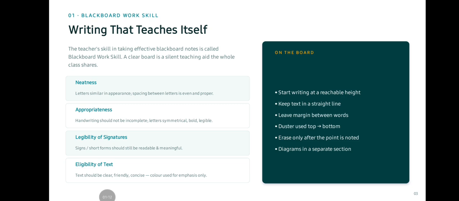Legibility of signatures. Signs, short forms should still be readable and meaningful. Legibility of text. Text should be clear, friendly, concise, color used for emphasis only. On the board, start writing at a reachable height.